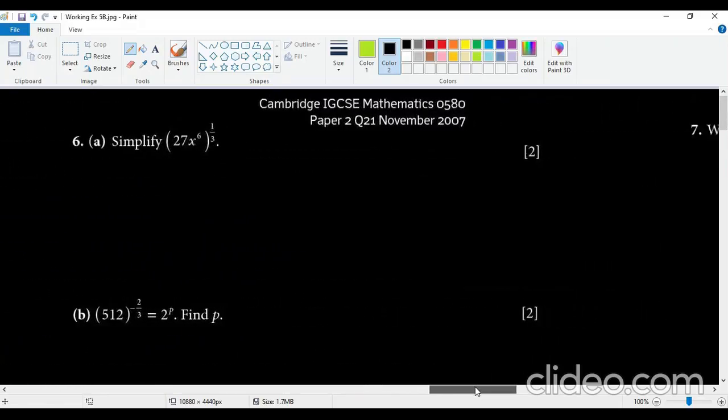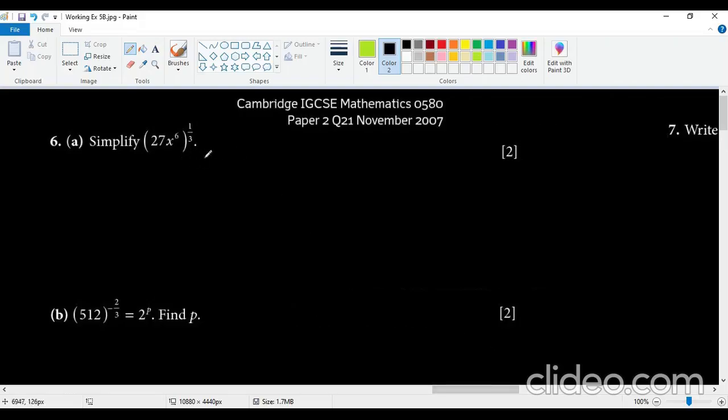When it comes to question number 6, we need to simplify this. I know very well that 27 has a power of 1 over 3 and x to the power 6 also has a power of 1 over 3. So 27 can be written as 3 cubed, to the power 1 over 3, and x to the power 6, to the power 1 over 3.